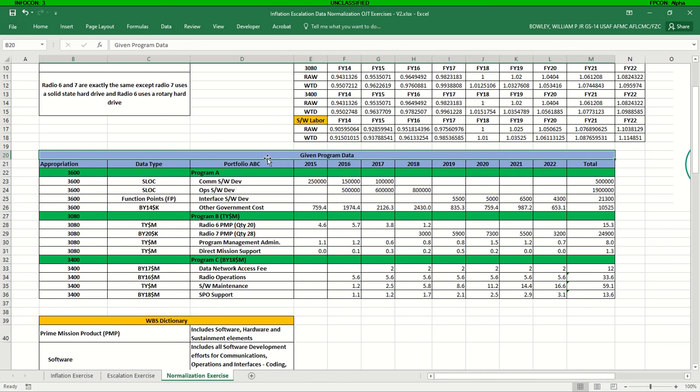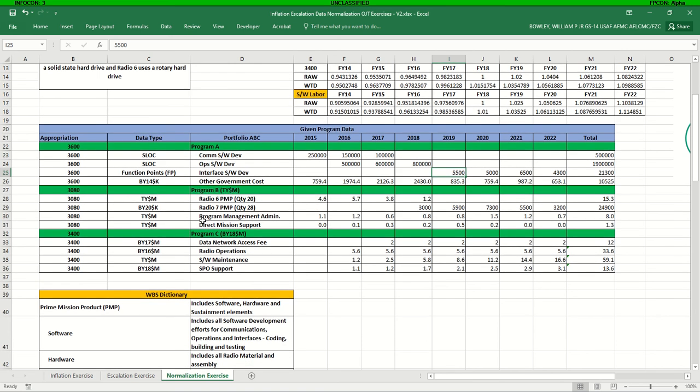Given program data, so for program A, we've got software lines of code, function points, and then a base year $14 K for our elements. We've got 3 software development elements, and these are given to us in lines of code and function points.